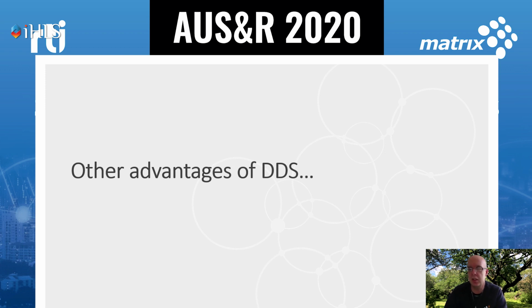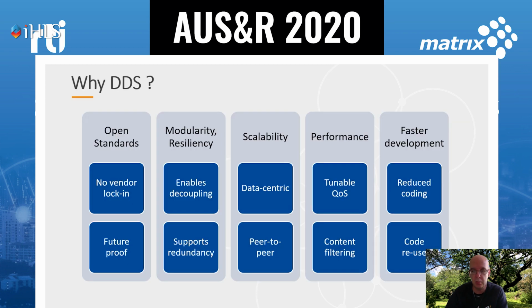What DDS is doing here is it's promoting location transparency. All of these systems are interested in publishing and subscribing to data. They're not really interested in where that data is coming from or going to. They're just interested in the data itself.